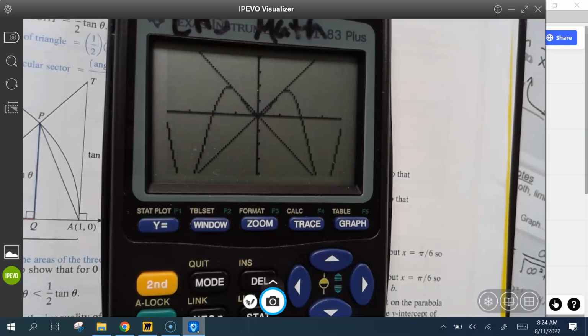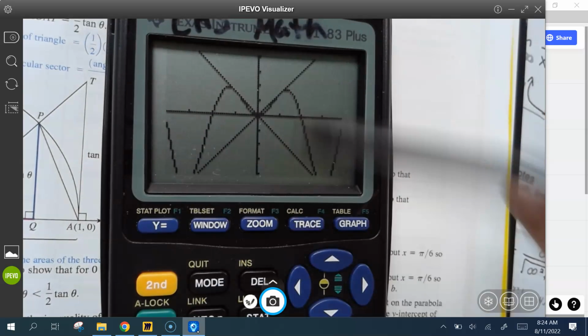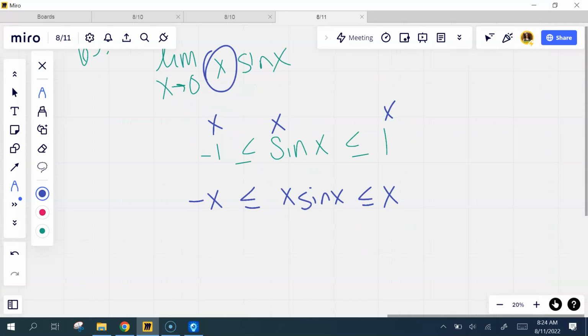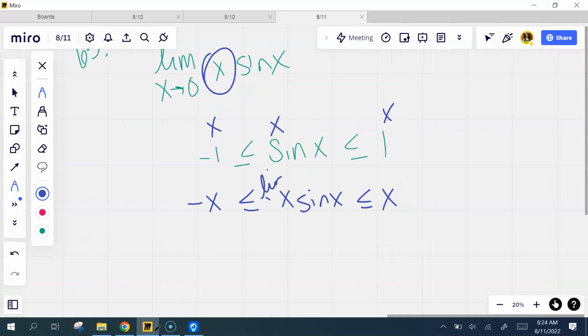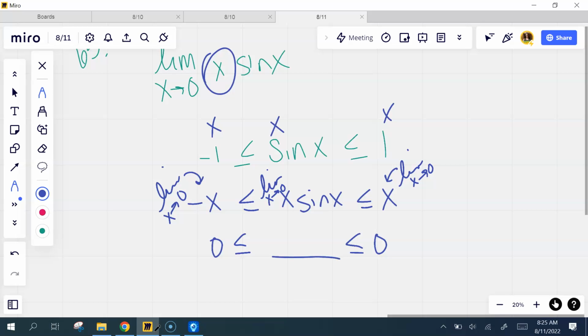Okay, so since the graph itself is always between these two functions, I can say that the limit as x approaches 0 here has got to lie between the limit as x approaches 0 of the ends. Well, we know that both of those are 0. I can plug in, which means that if this value has to be between 0 and 0, it's got to be 0. So that means that the limit here would be 0.